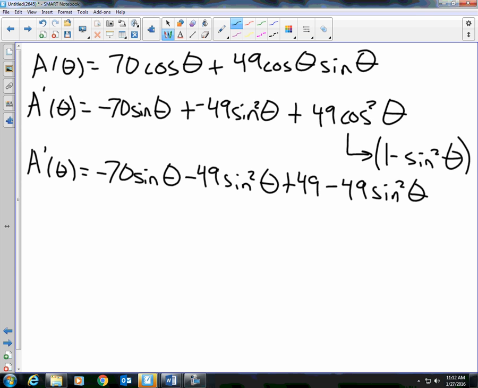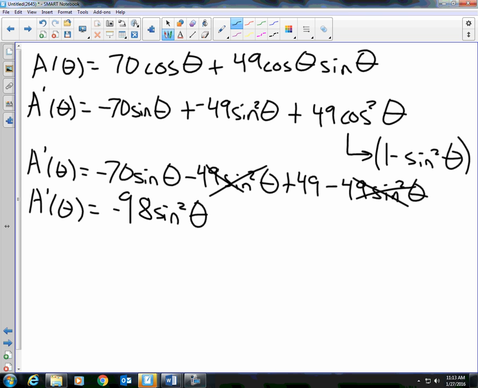Yeah, we did. So I got A prime of theta is equal to, all right, so how many sine squareds do I have here? More than 2. Negative 98. I'm combining these together.